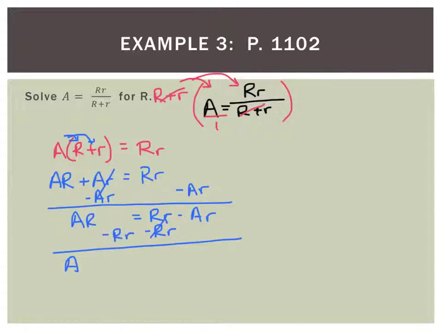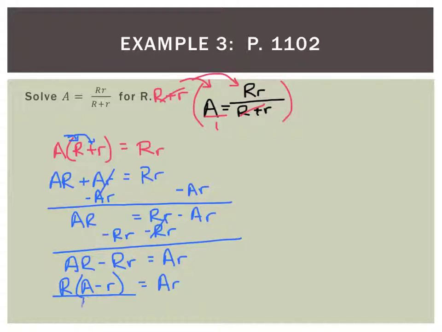So I have AR minus Rr equals a lowercase r. And then since I got all my capital R's in the same place, I can factor out the capital R, leaving me with A minus lowercase r.